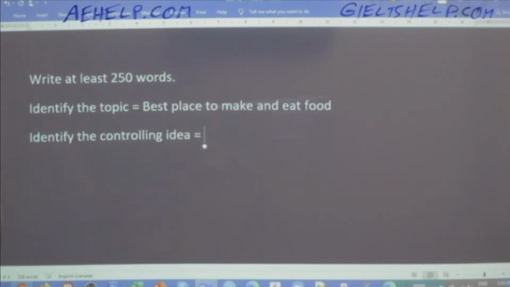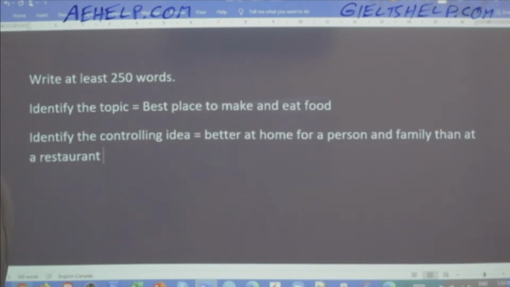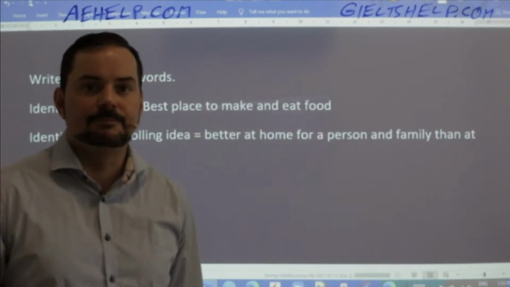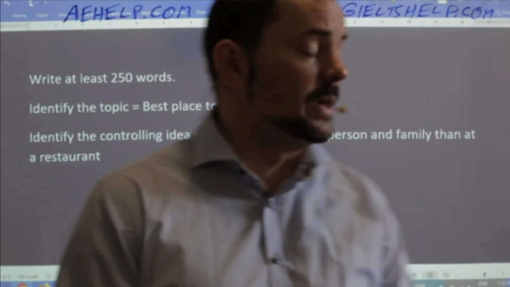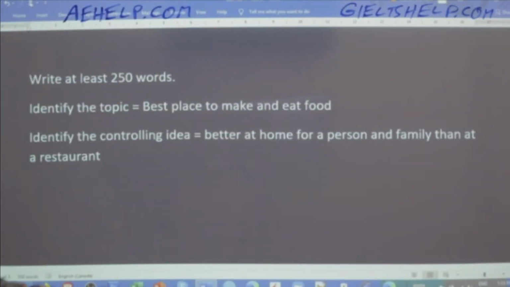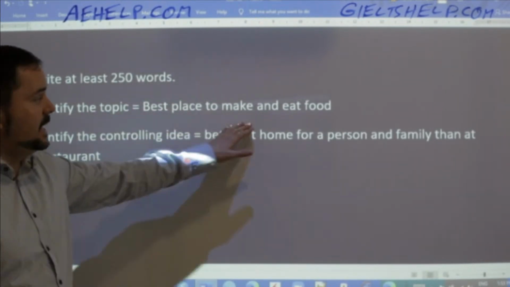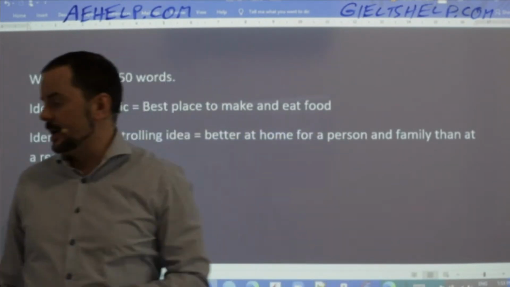So identifying the controlling idea here is better at home for a person and family than at a restaurant. Okay, so that is primarily the idea here. Best place to make and eat food. All right.